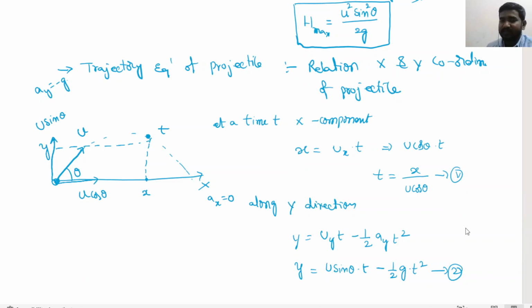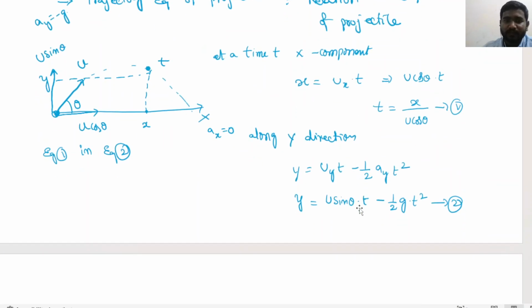Substitute time t equals x divided by u cos theta from equation 1 in equation 2. Then what do we get? y equals u sin theta times t, which is x divided by u cos theta, minus g divided by 2 times t square, which is x square divided by u square cos square theta.